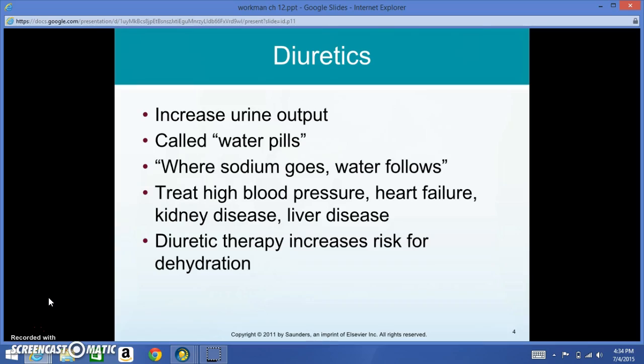Those are all the big three diseases that will cause fluid overload issues. And diuretic therapy increases the risk for dehydration because you are manipulating the water amount in the cardiovascular system. So there's always a risk for dehydration with that.